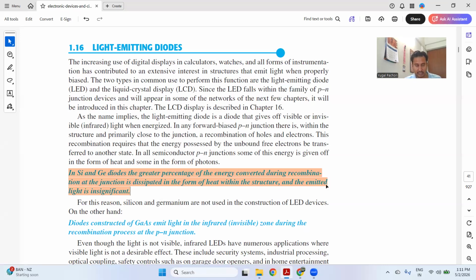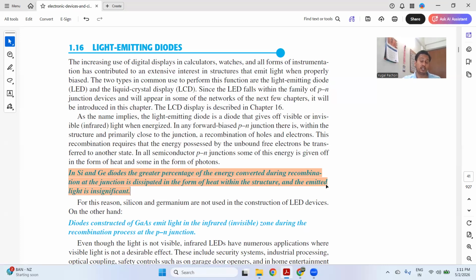What happened in the case of silicon and germanium? The energy is dissipated, but it is dissipated in the form of heat. However, in certain materials, that we will discuss in the coming part of the video, the energy is dissipated in the form of light.